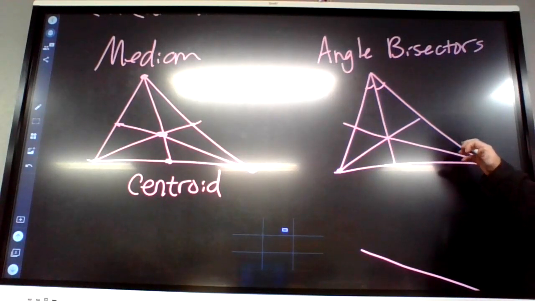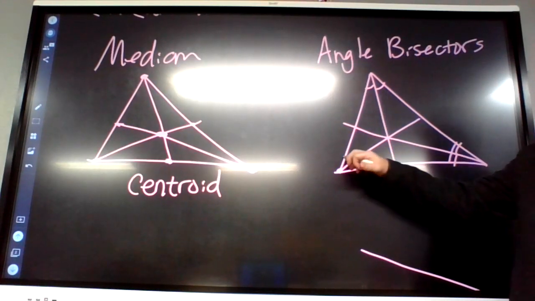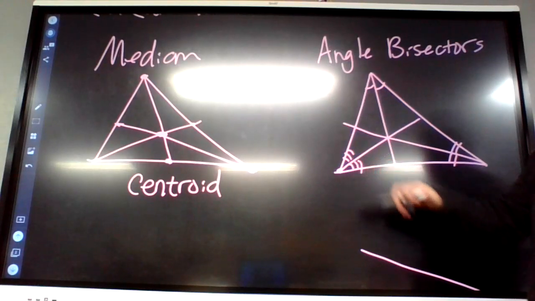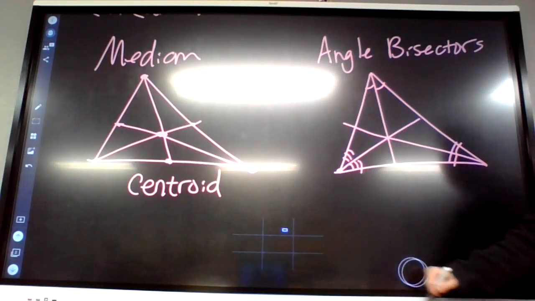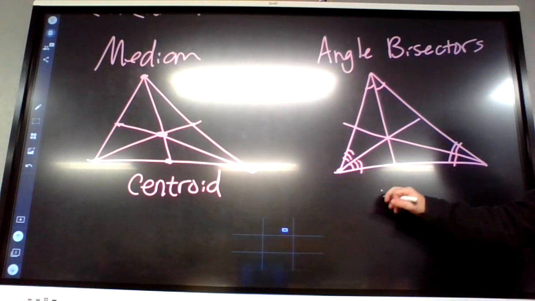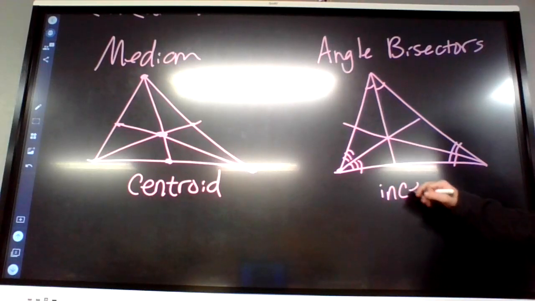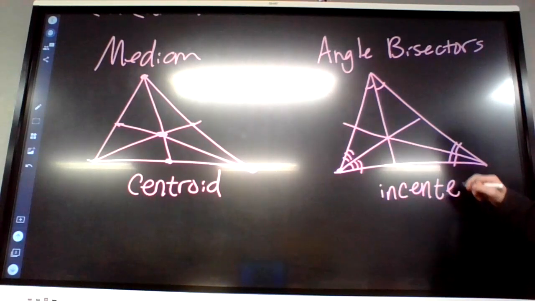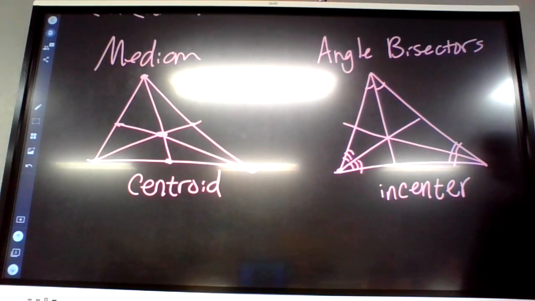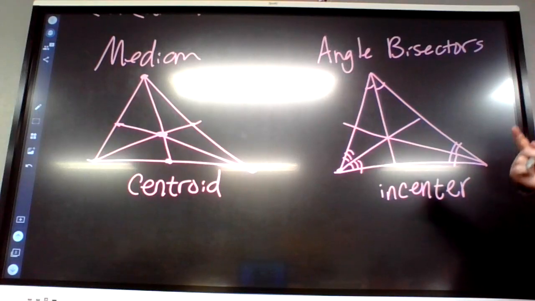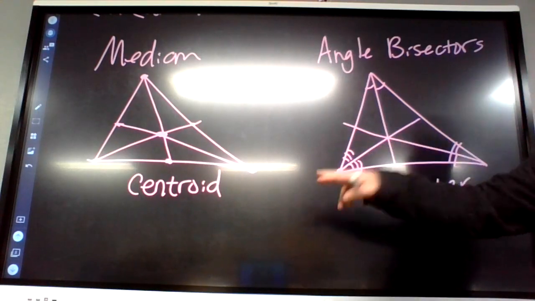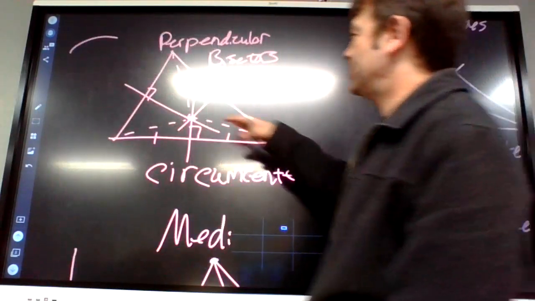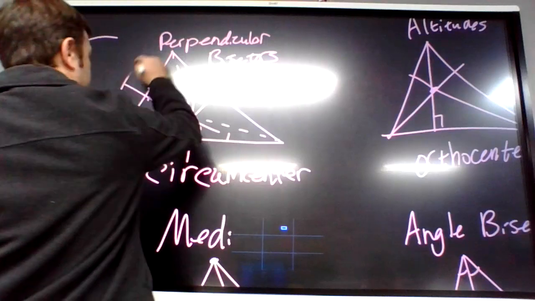Okay, anyway, all these are going to be the same because the angle bisector splits the angle into two. And they meet at the incenter. Do you guys remember yesterday, the circumcenter is called the circumcenter because it's the center of a circumscribed circle.